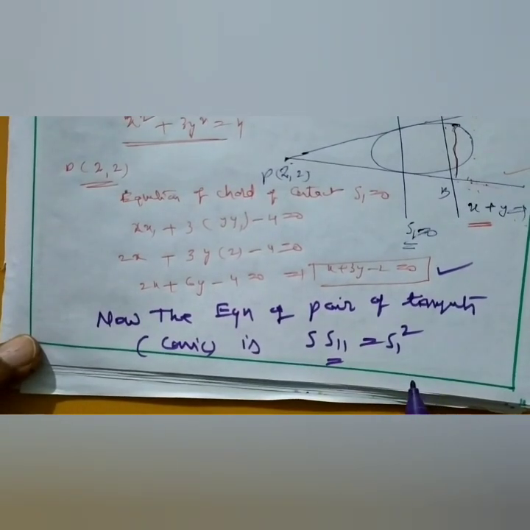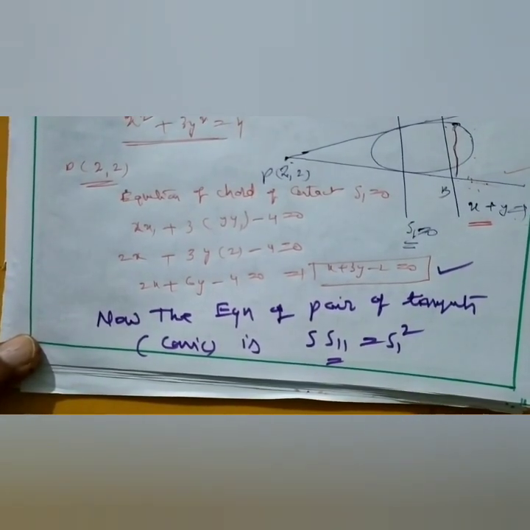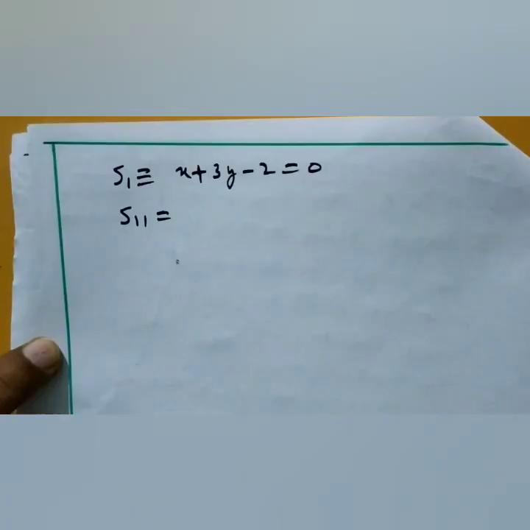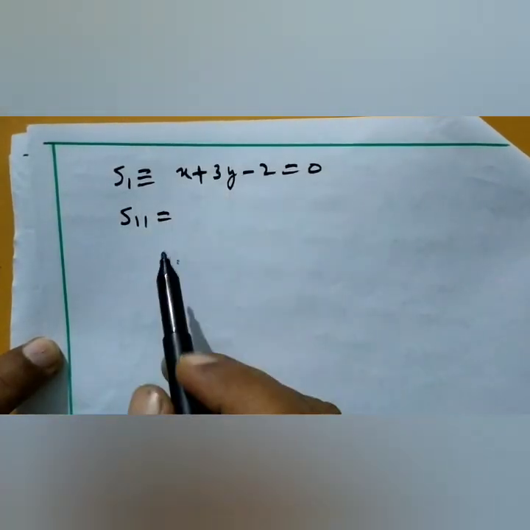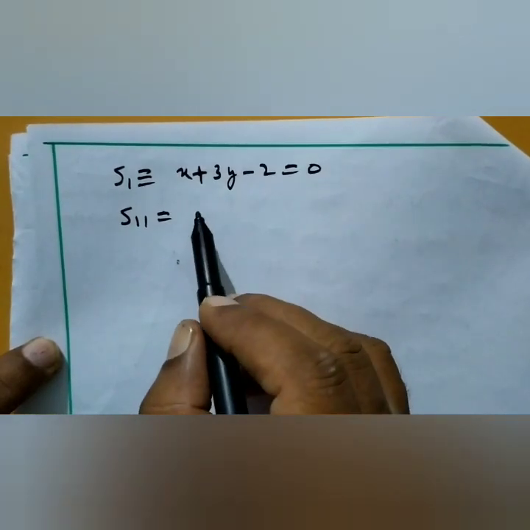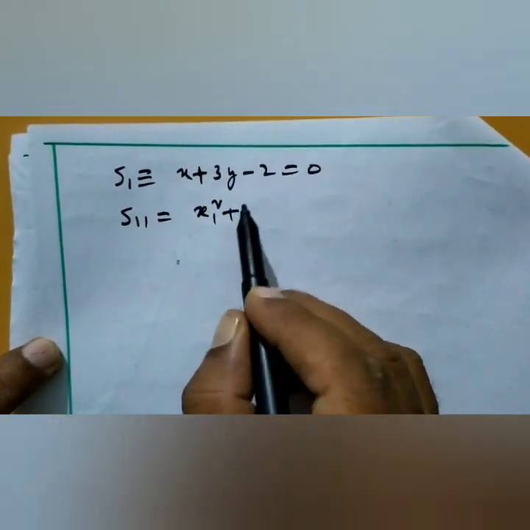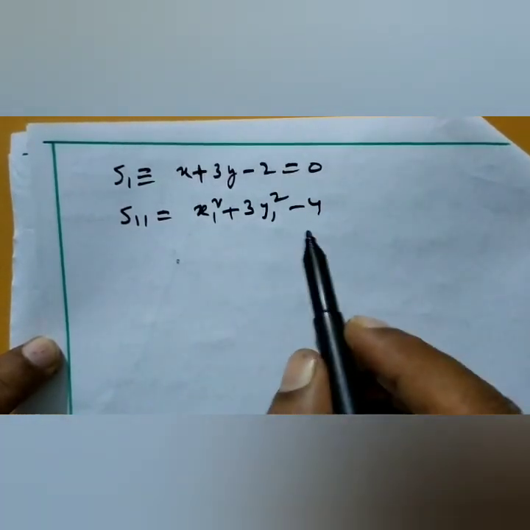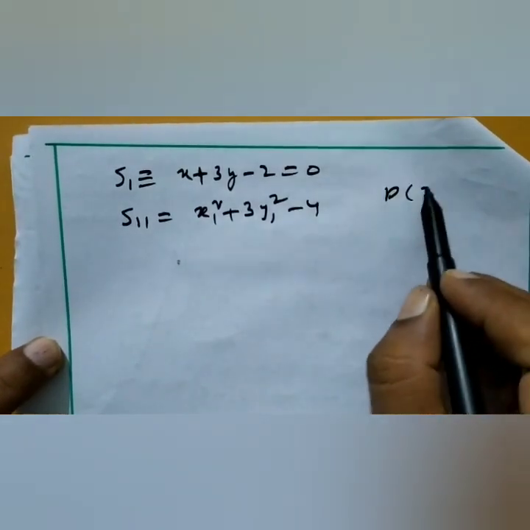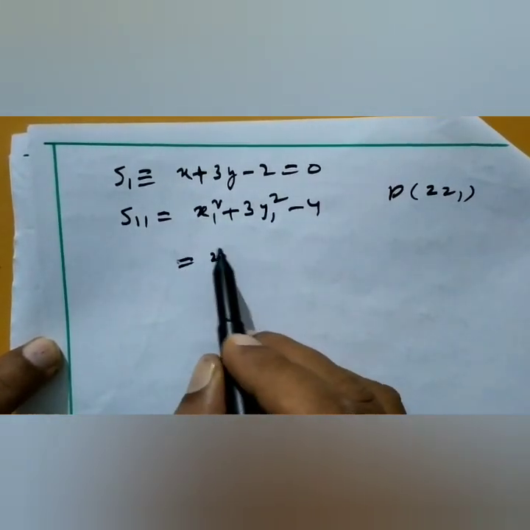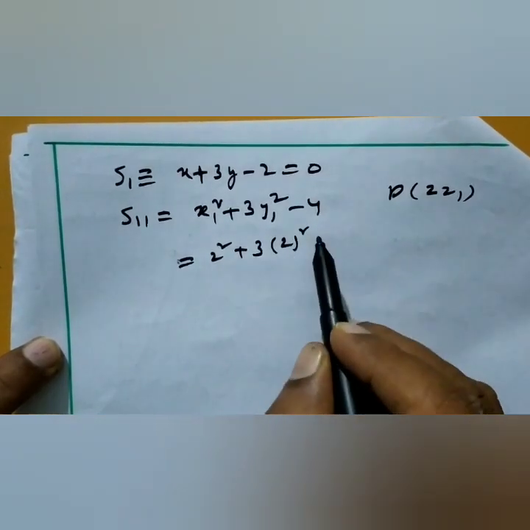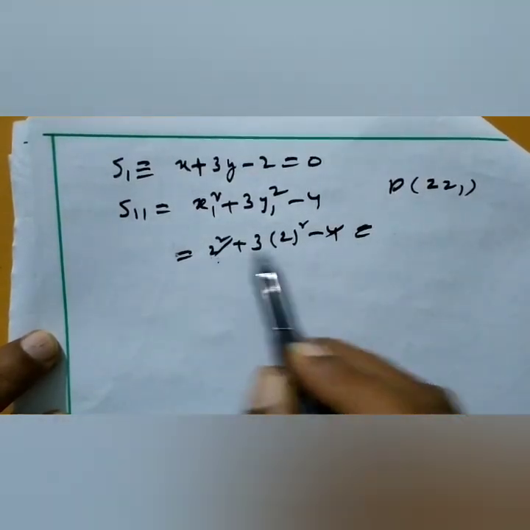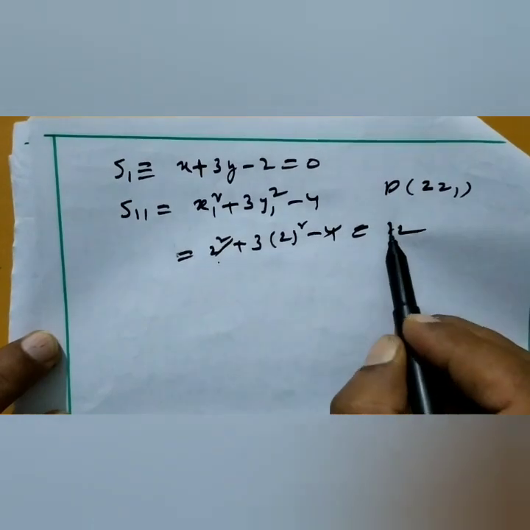Therefore, we use these two expressions to find the required conic equation. So the S1 equation is x plus 3y minus 2 is equal to 0. S11 is x1 square plus 3y1 square minus 4 from the curve equation. As the point P is (2, 2), we write 2 square plus 3 into 2 square minus 4, which implies 4 plus 12 minus 4, that is 12.